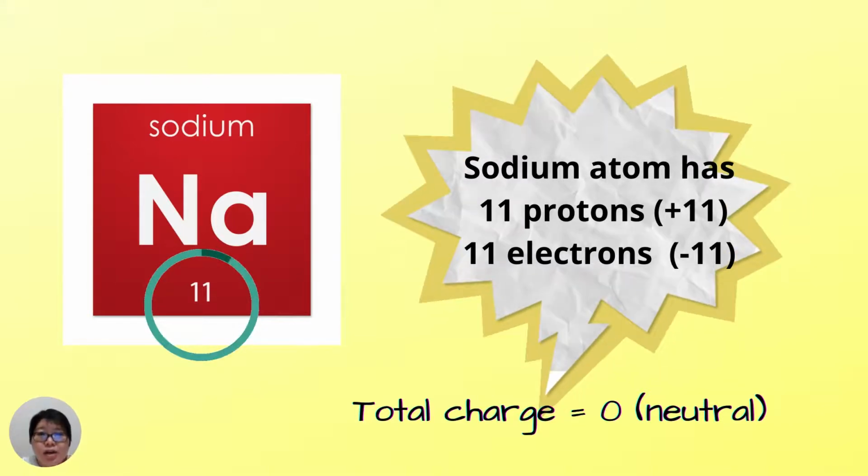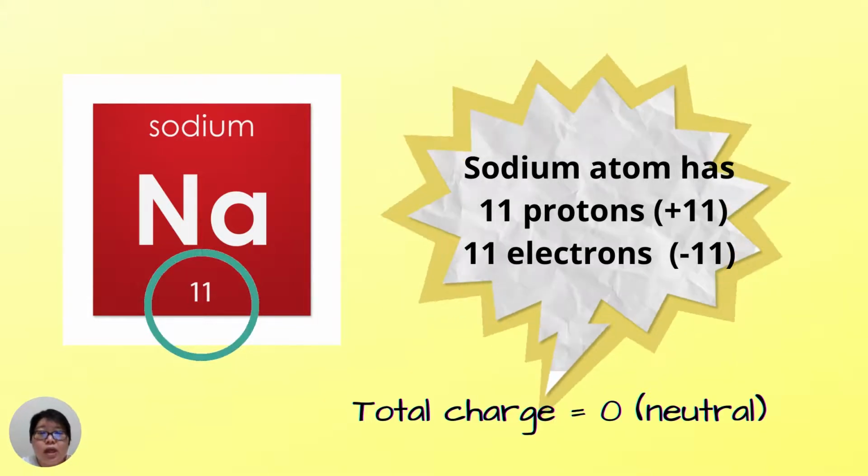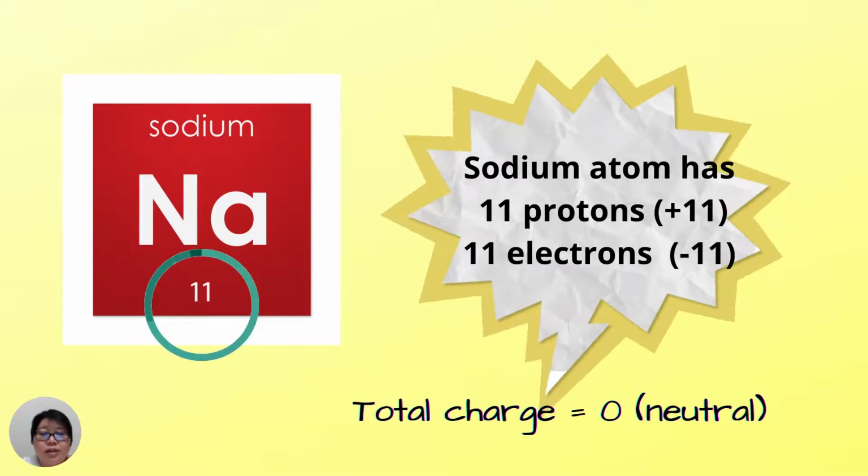Indirectly it is telling us that it has a charge at the nucleus of positive 11, because each proton is charged positive 1, and 11 of them will charge positive 11. At the same time, when it is an atom, the number of protons will be the same as the number of electrons. This atom has 11 electrons.